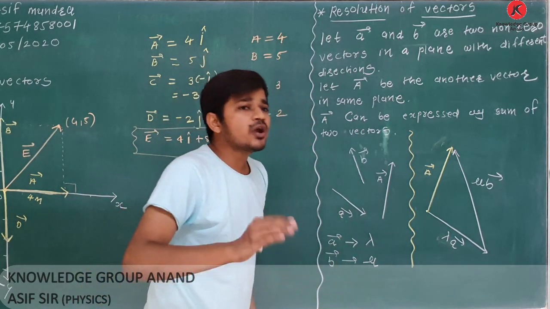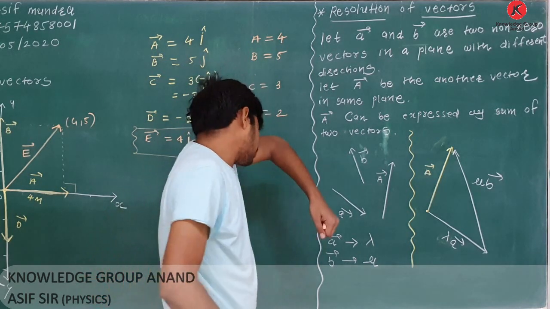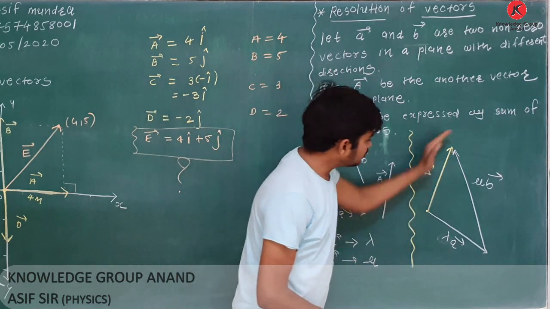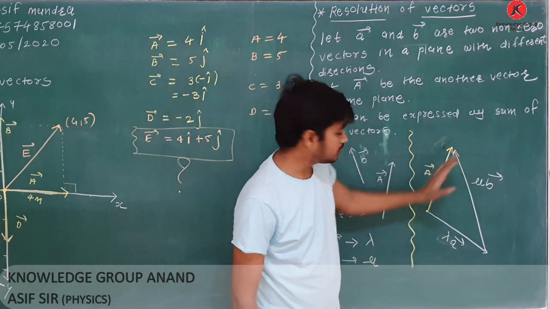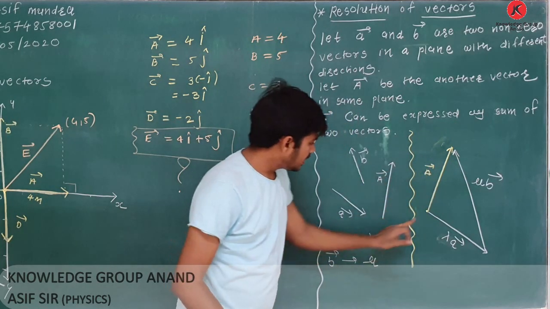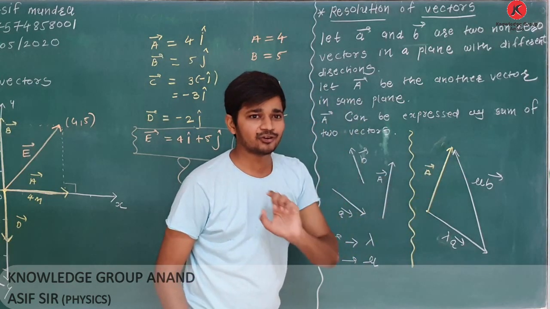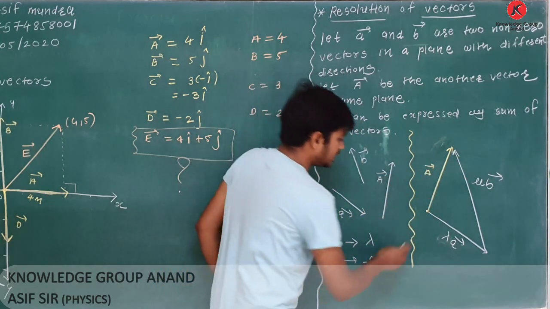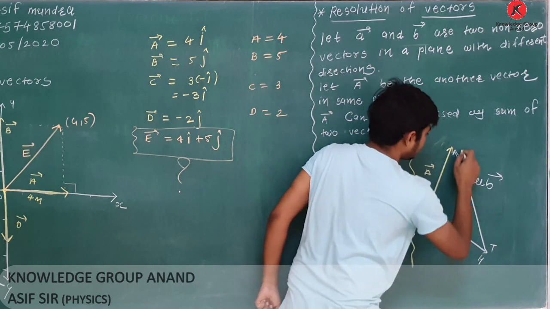How? See, you have to identify the tail-head relation. Suppose I am taking this path. It is tail, it is head. Again it is head. This means this path is wrong. Again, tail, head, head. So yes, that path is wrong. So I am taking the reverse path. It is tail, head. It is tail and head.